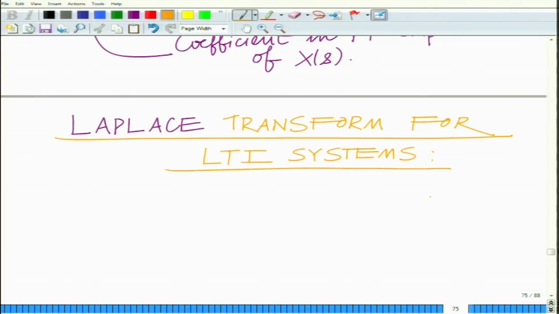Now, consider an LTI system given by impulse response h(t).